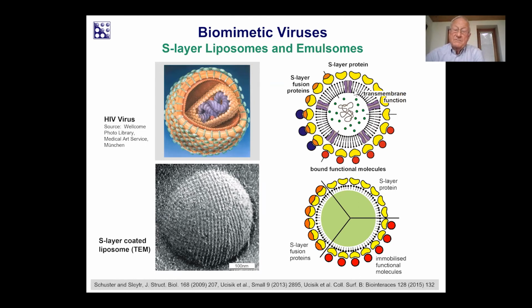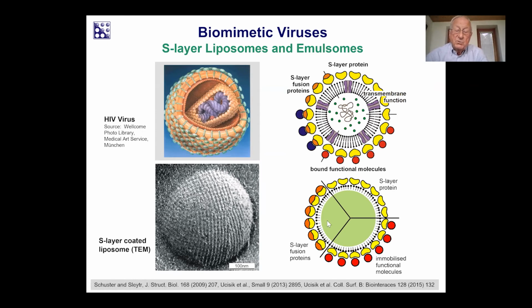And now we can work with the system I've described before. We can have lipid vesicles. We can incorporate functional molecules. In such liposomes, there are thousands of papers describing how to entrap water-soluble molecules or DNA. And we can use the native S-layer and also the S-layer which has some functionality on the surface.